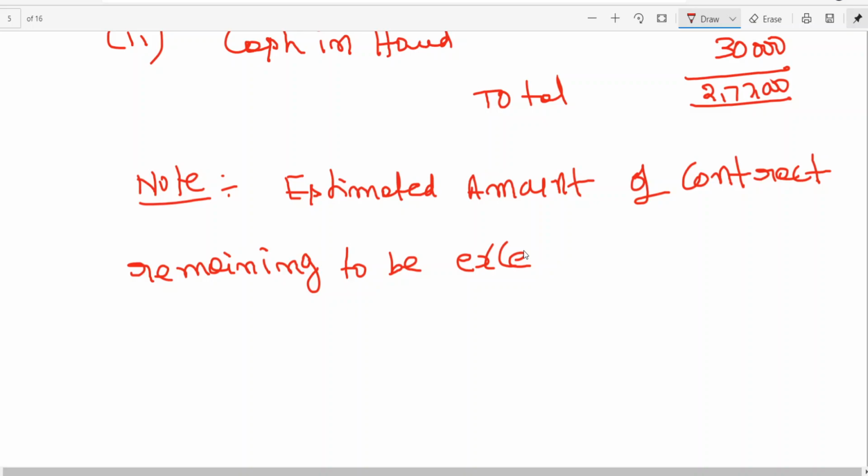Once it is executed, it becomes a liability.